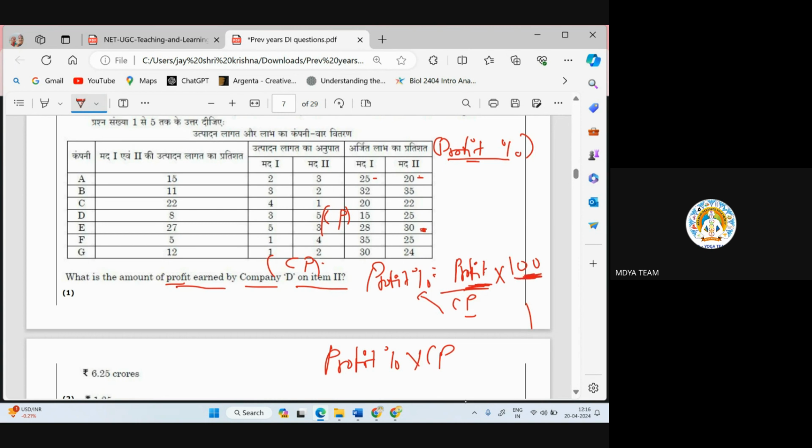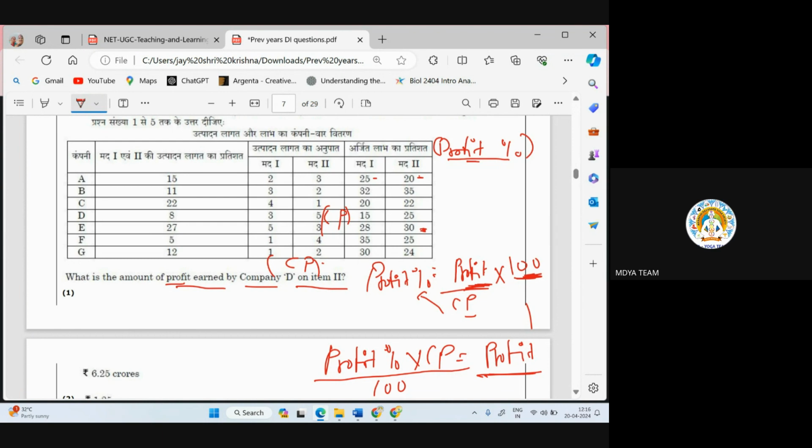If we move this 100 to the other side, it will come in the denominator, in division, equal to profit. So we got the formula for profit. Everyone understood this? Yes, sir.